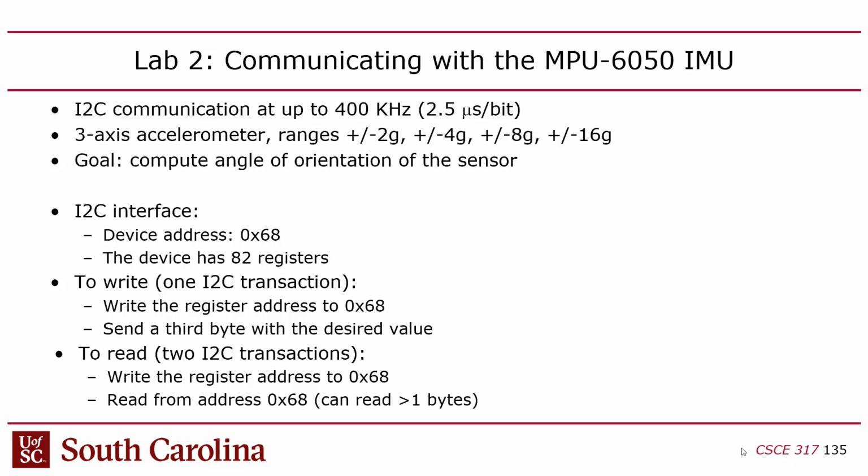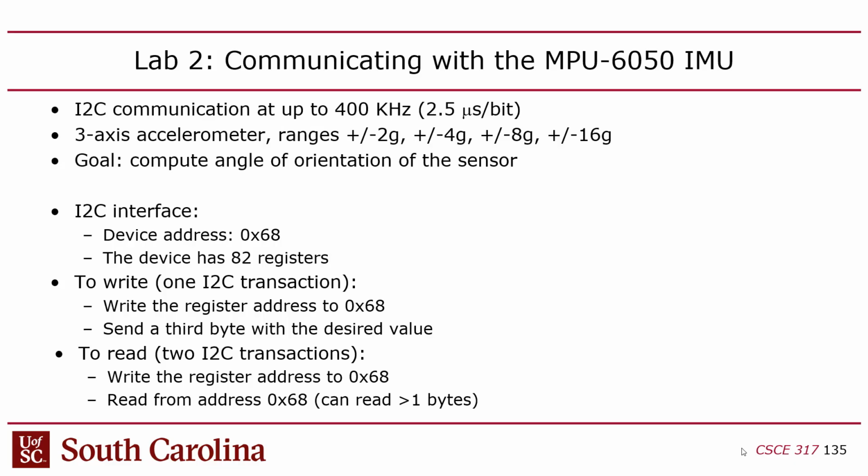The way this peripheral works is that when you perform an I2C transaction, the address is used to get that specific device's attention, and the address is always 68. Why? Because you can think of that like the address of the slave, like its IP address or its MAC address.